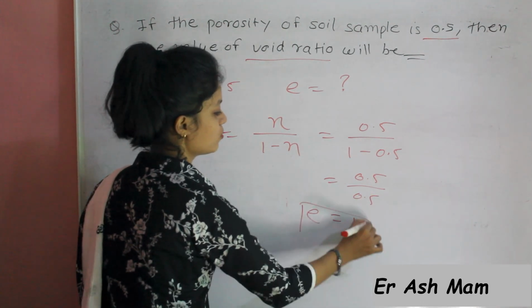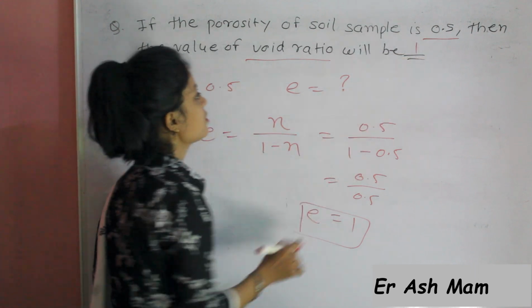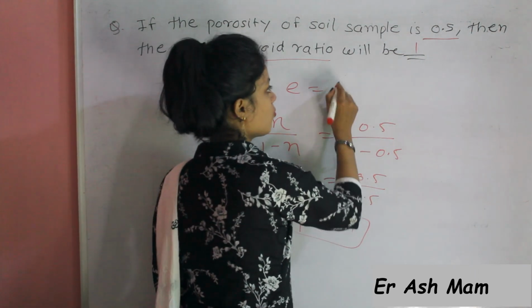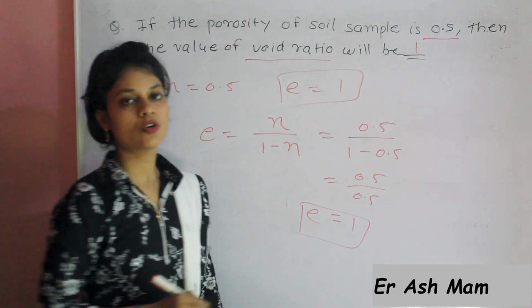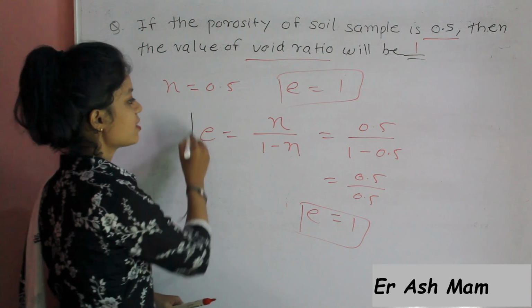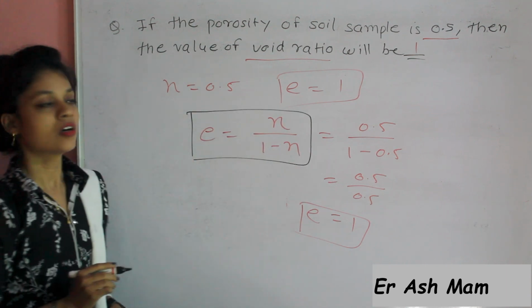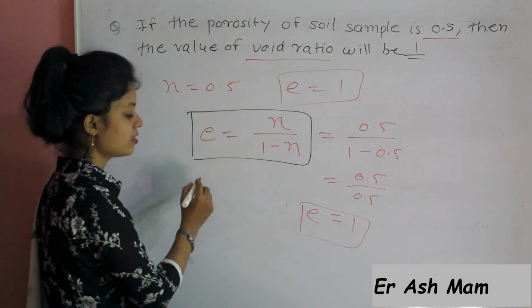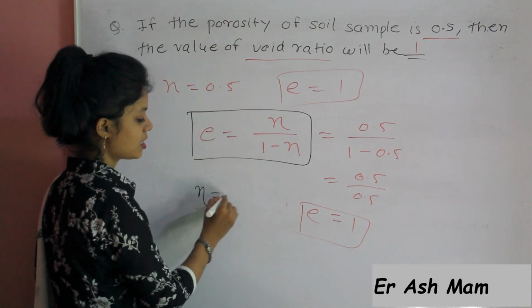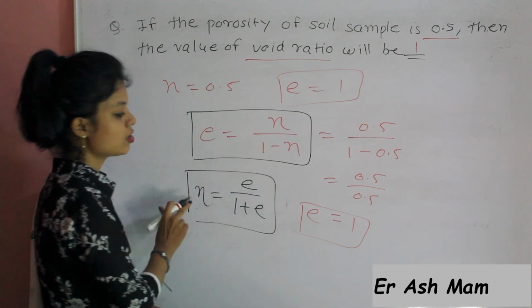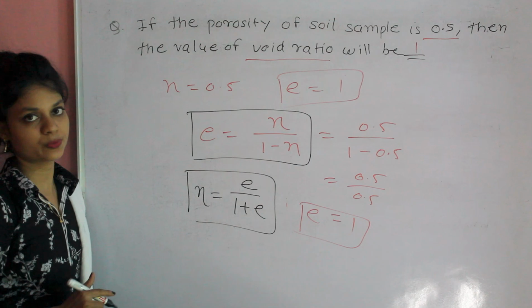Therefore, void ratio equal to 1. It means when the porosity is 0.5, void ratio will be 1. Okay. Formula is E equal to N upon 1 minus N. One more relation between E and N, that is N equal to E upon 1 plus E. Relation between porosity and void ratio.